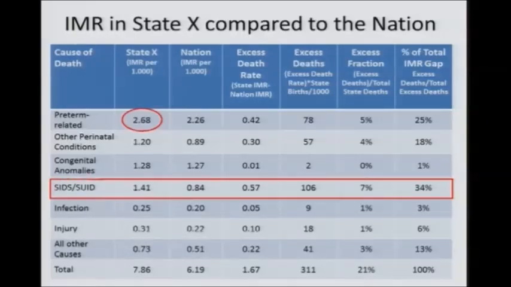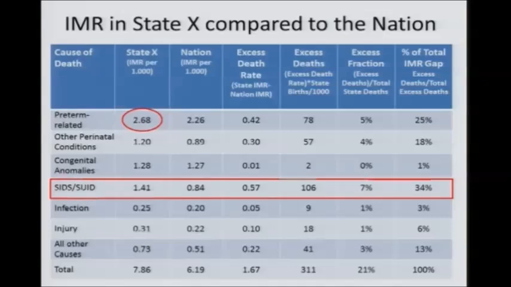It means that 7% of the total deaths in the state would be prevented if the state had the SIDS rate of the nation. And then the percent of the total infant mortality gap is just that SIDS and SUID contributes to 34% of the excess deaths, not in the state, but of the total gap between the state and the nation.